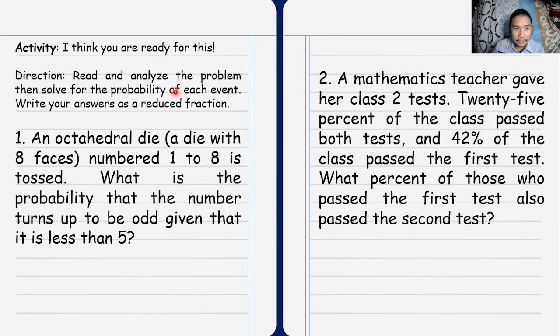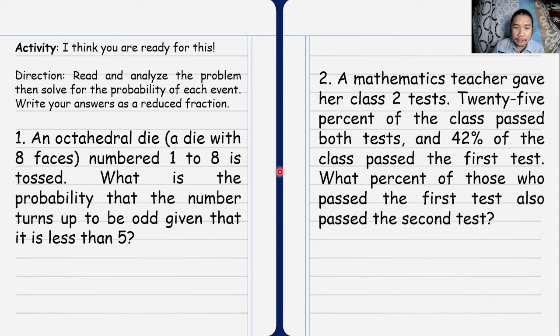So there is an activity named "I think you are ready for this." Direction: read and analyze the problem, then solve for the probability of each event. Write your answers as a reduced fraction. So please click pause kapag sasagutan nyo na siya.